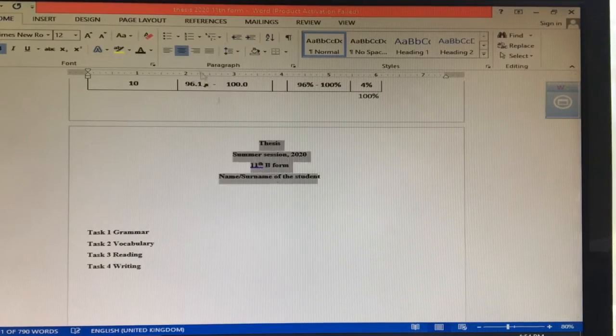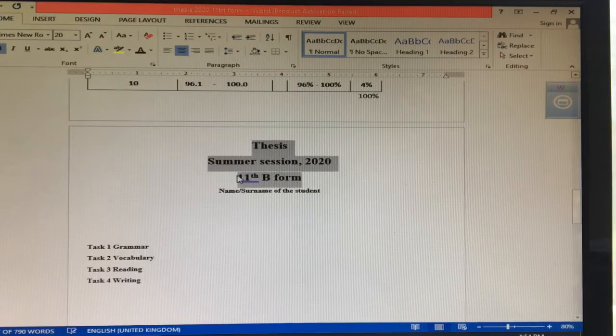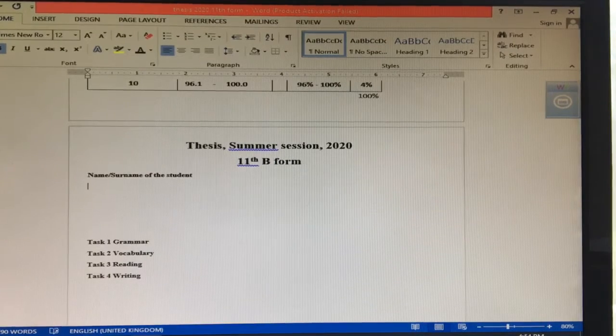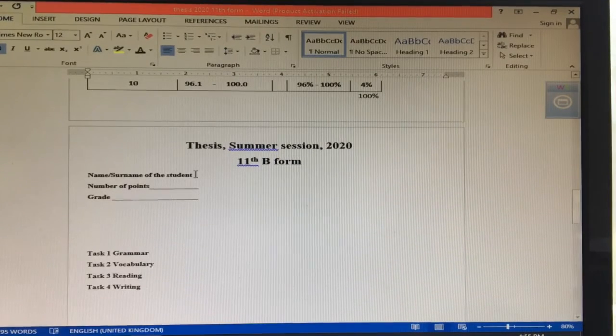You can have it in the middle. Again, it is your task. You can design it. I can write here points and grade. And we can begin.